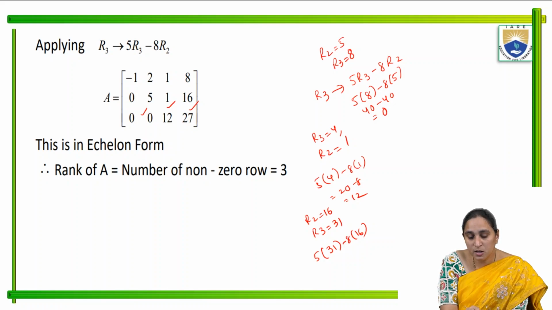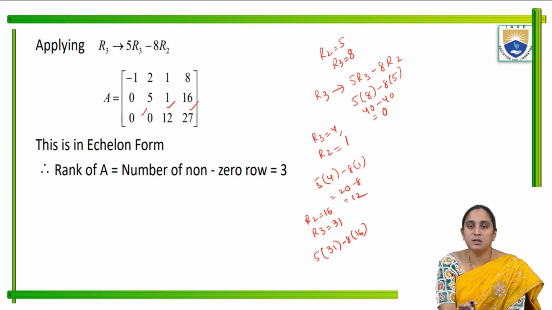Next, is there any possibility to make 12 and 27 zeros? No, there is no possibility. Because if we apply row operations again, we only get other numbers, and there is no possibility to make any value 0. Therefore, stop the procedure.